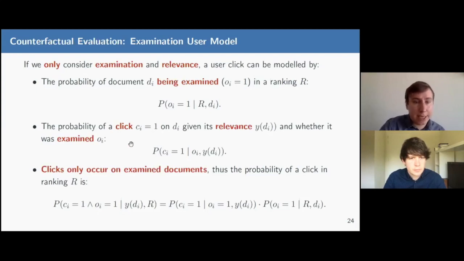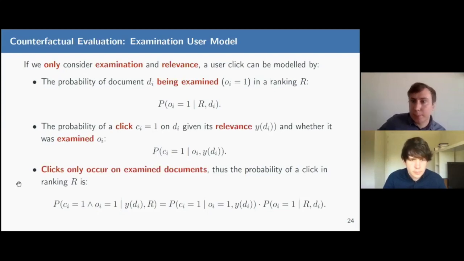Then we have the second probability, the probability of a click. The probability of a user clicking on the document is conditioned on whether that document is relevant. Intuitively, a relevant document should get more clicks. But it's also conditioned on whether that document was observed or not. The main assumption in this examination user model is that clicks can only occur on examined documents.